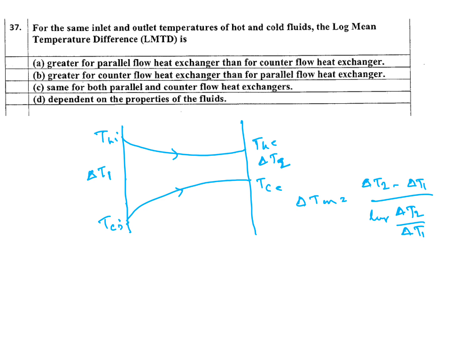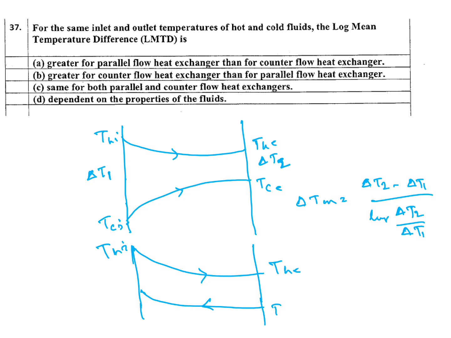For the counter flow heat exchanger, it comes like this: hot fluid inlet temperature, hot fluid exit temperature, this is cold fluid inlet temperature, this is cold fluid exit temperature. Delta T1, delta T2. I have to calculate delta Tm the same way. So it's greater for the counter flow heat exchanger than for the parallel flow heat exchanger. B is the answer.